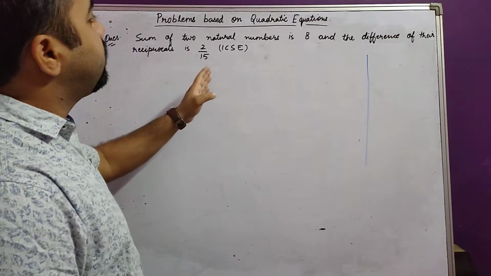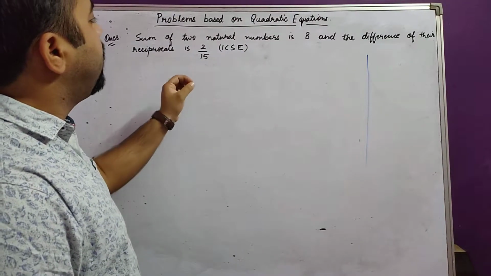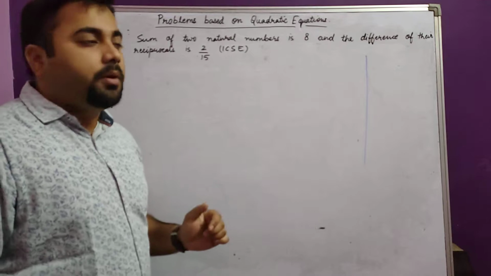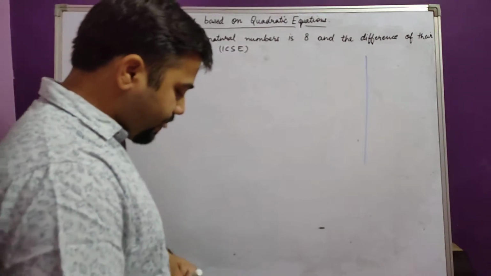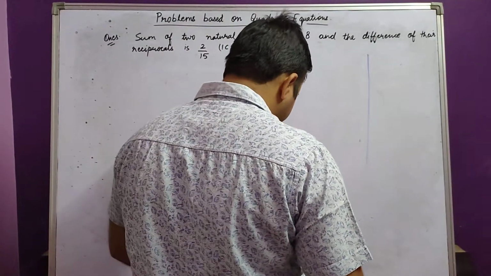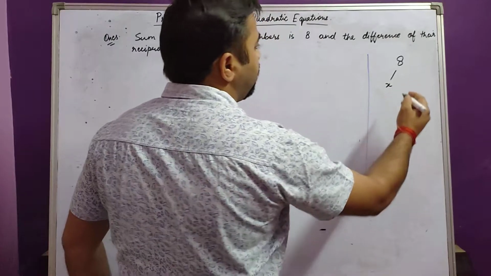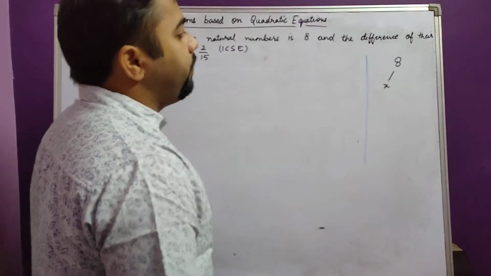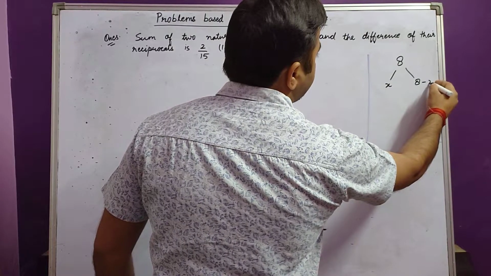Sum of two natural numbers is 8 and the difference of their reciprocals is 2 by 15. This question came in one of the exams. Let us see how we are going to solve this. Now, if we assume one of the numbers to be x, the other number we have to assume as 8 minus x.